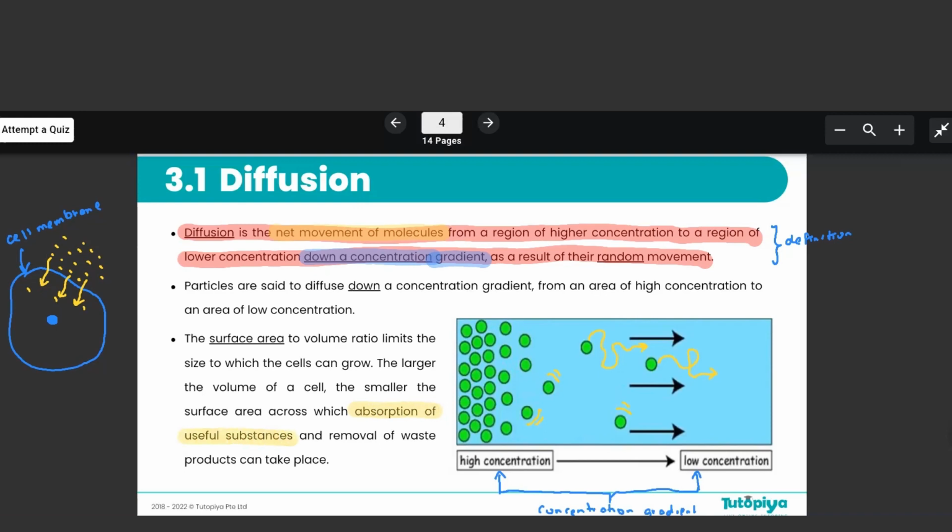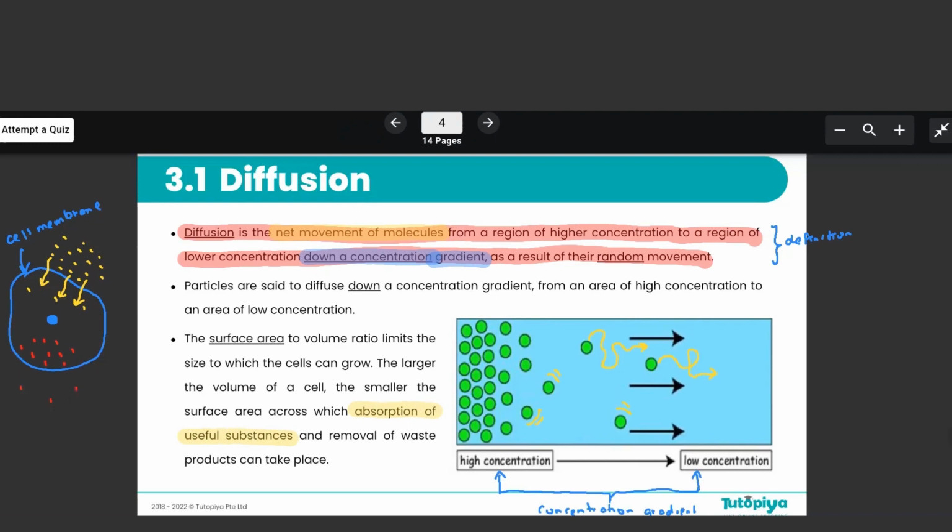And in a very similar manner, let's imagine that the cell has produced some waste products, which I'm drawing in red. So the cell has produced some waste products, which are there in high concentration inside the cell. And comparatively, outside the cell, there's less of it, lower concentration.